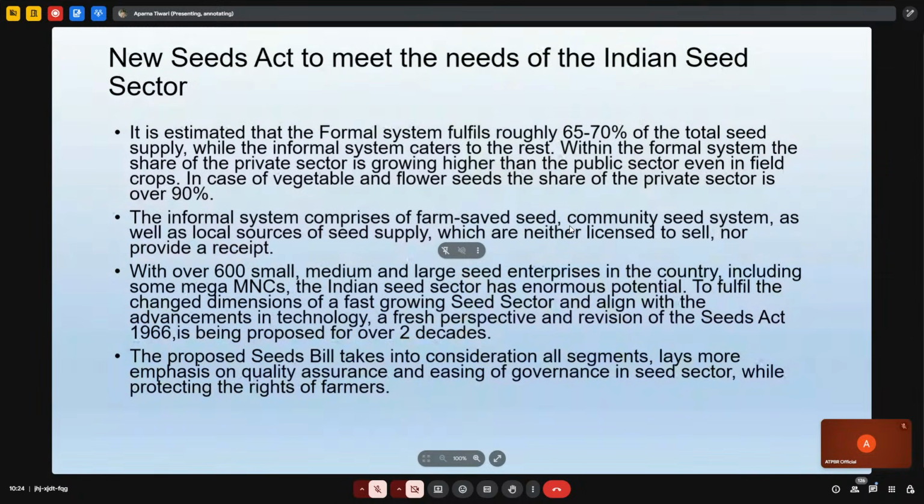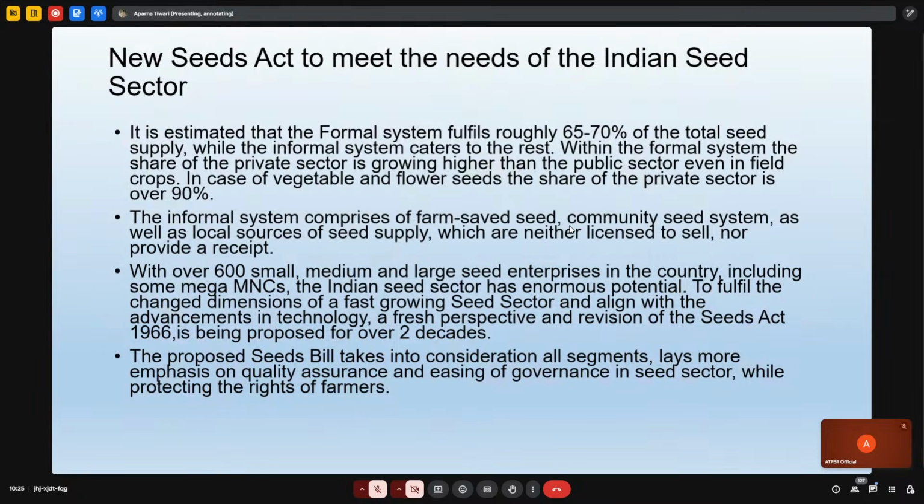Next one, please. But since then, the Indian seed sector has grown, and the whole structure, the whole complex, has changed significantly. Today there is, of course, both a formal and an informal seed sector in India, we know. The formal system fulfills about two-thirds, and the remaining is filled by the informal sector, which comprises not only the farm-saved seed but also the community seed system, as well as other local sources, where mostly they do not even have any license to sell, nor do they provide any receipt.